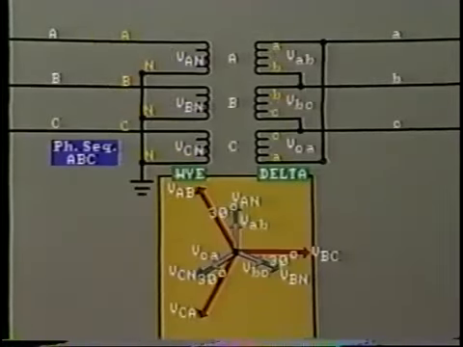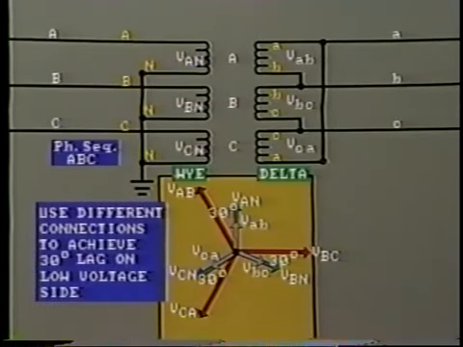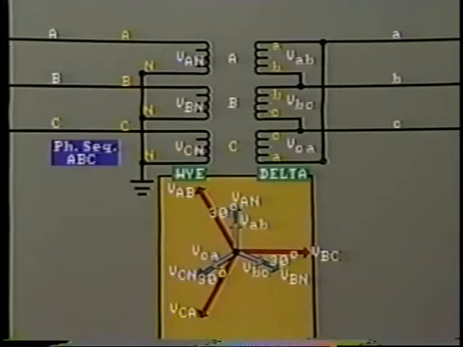Now, if the transformer is Y delta, then different connections must be made to achieve the 30-degree lag on the low voltage side. Here we see the arrangement and the corresponding voltage phasors. You can see that the secondary phase voltage VAB is wound on the same leg as the primary VAN.